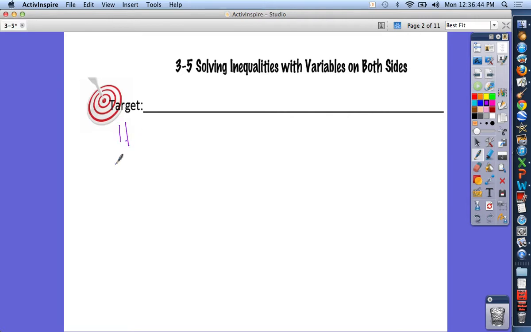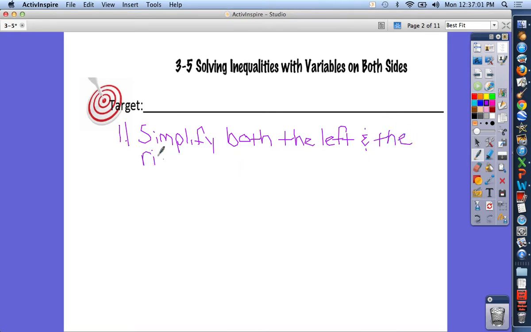First, what I do is simplify both the left and the right side individually. Then, step number 2, everything's simplified. Get your variable on one side.